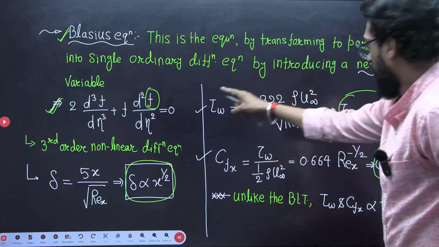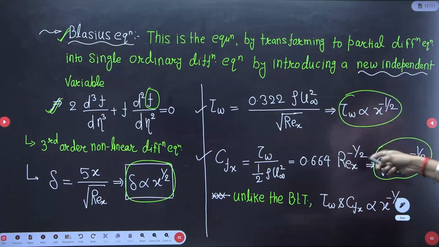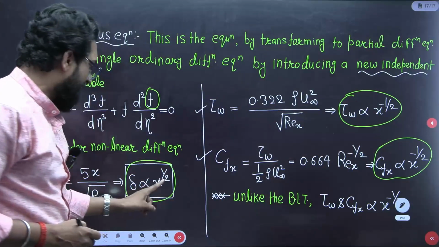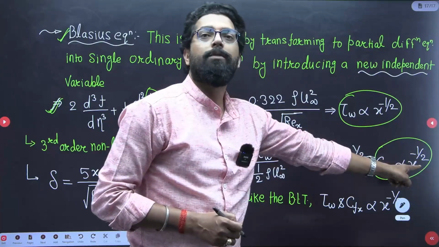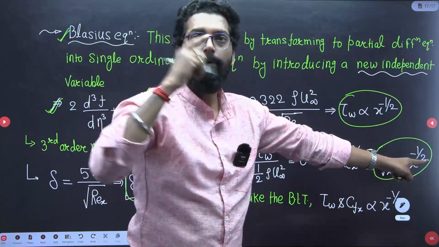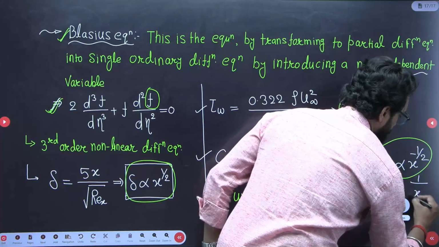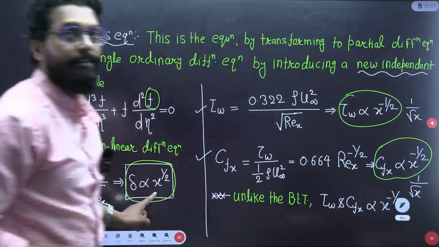Now the wall shear stress is inversely proportional to root x. Delta is directly proportional to root x, and local skin friction is inversely proportional to root x.